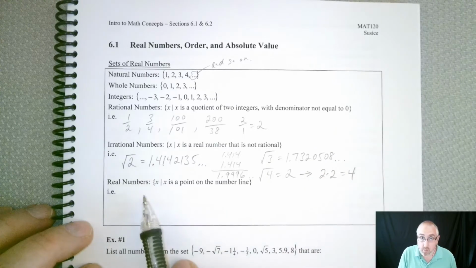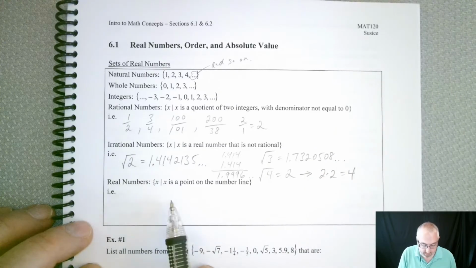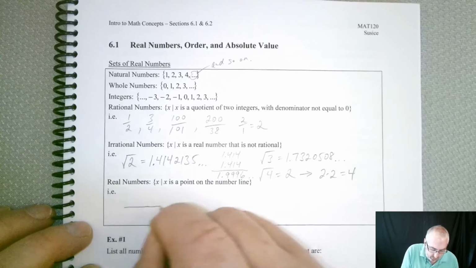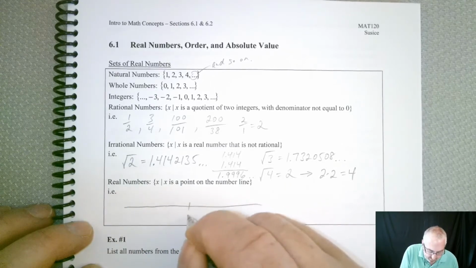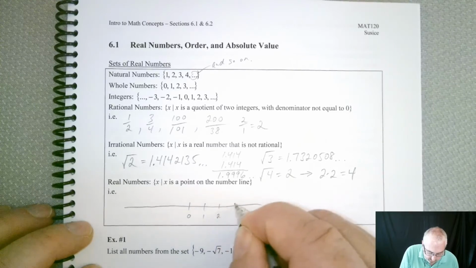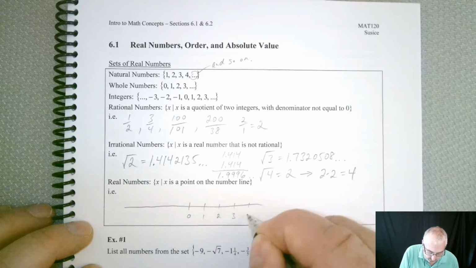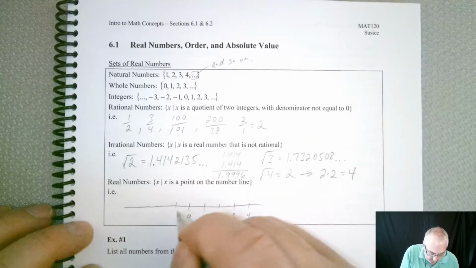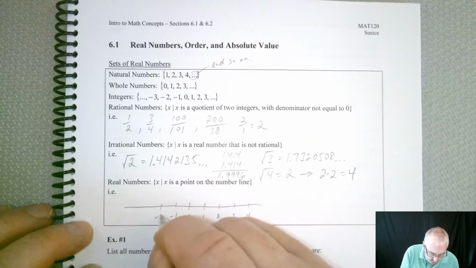The last group of numbers we're going to look at is the real numbers, and that is a simple one. It says the set of all numbers x such that x is a point on the number line. So if you were to draw a number line, every single point on it has a numerical value to it. So that means that all of those numbers are real.